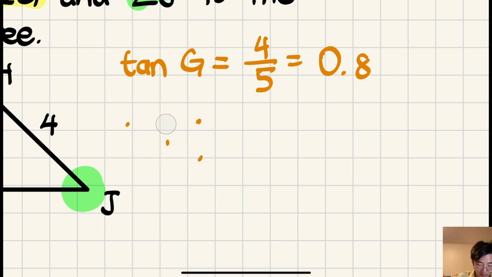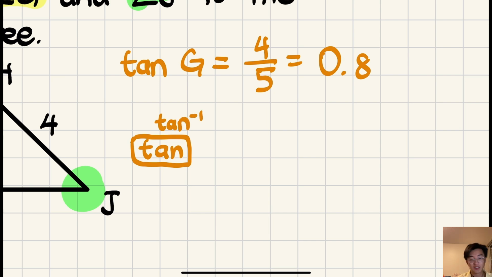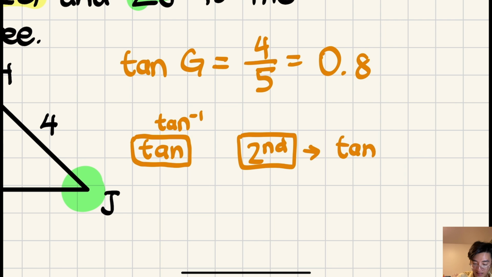Above the tangent, usually in yellow or orange, we have tan minus 1. So we want to get to tan minus 1. This is the function we want. So on your calculator, you just press second, or your function key, and you press the tan key. That will get us to the tan inverse on your calculator.